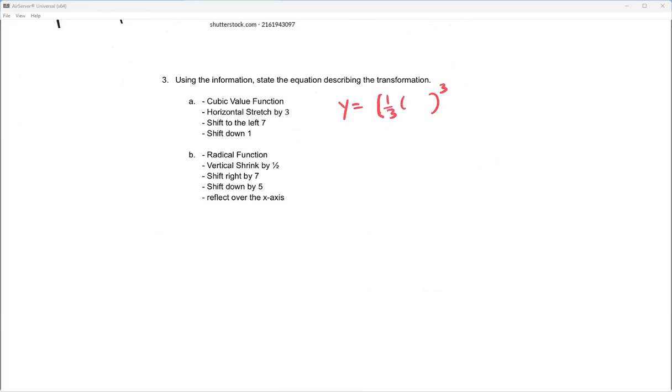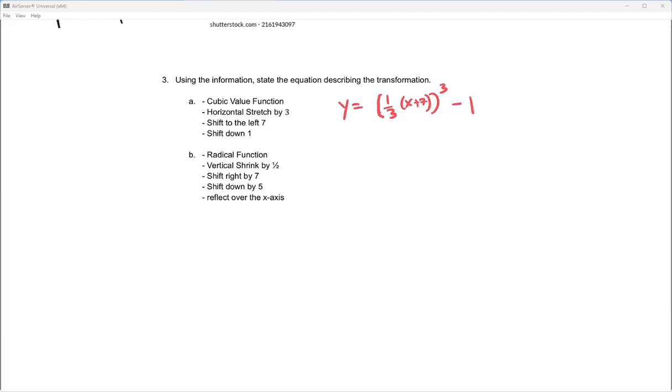And then what? X plus 7. Good job. Inside. And then what? Minus 1. So make sure you put the x plus 7 in parentheses, because that explains the shift. Cool. Good job.